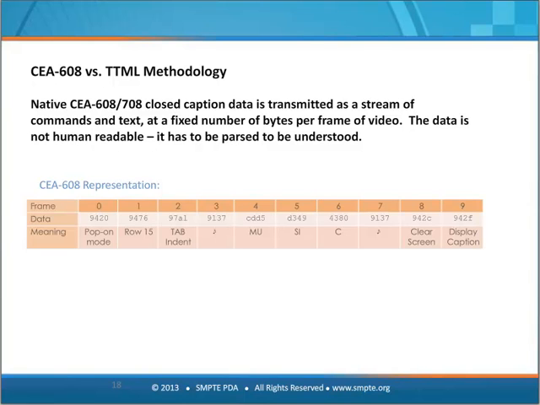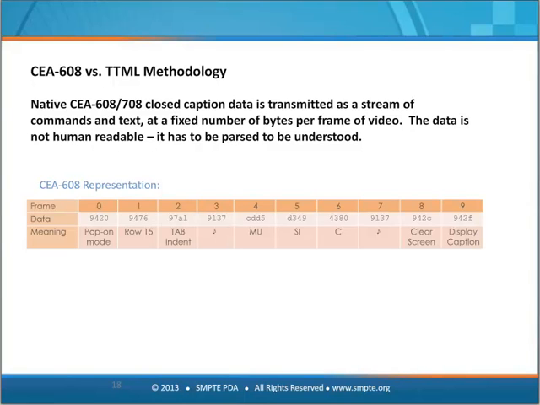Just to show you what the methodology looks like, what the difference is. 608 data is transmitted as a binary stream. There's no specified starting point or ending point of a stream. It's a continuous stream. A decoder can jump into this stream at any point and pick up the caption data right away. It's a stream that has a mix of both commands and information.